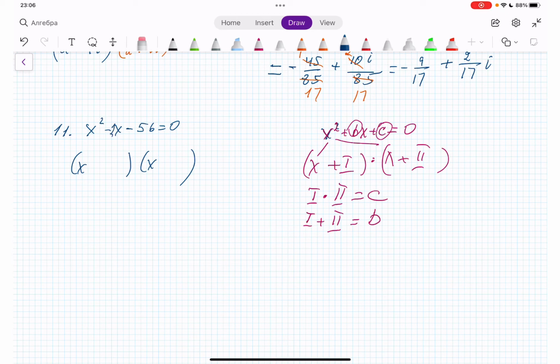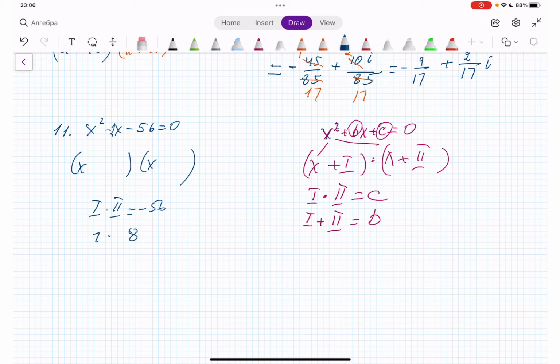Well, let's see how I'm analyzing this, how I'm thinking. First number multiplied by second number is going to be equal to negative 56. Let's see, multiplication of which numbers gives us 56. Let me leave the negative for now. 7 and 8, right?